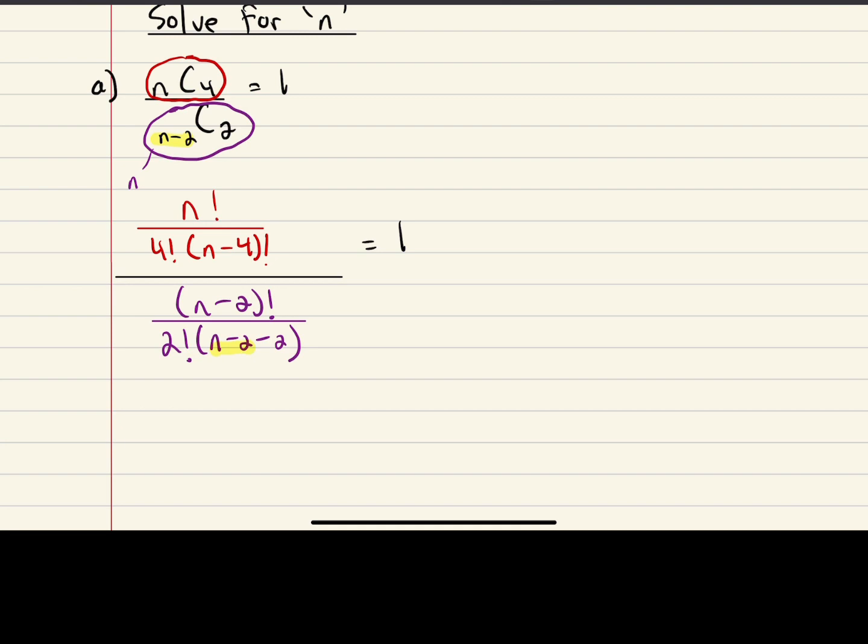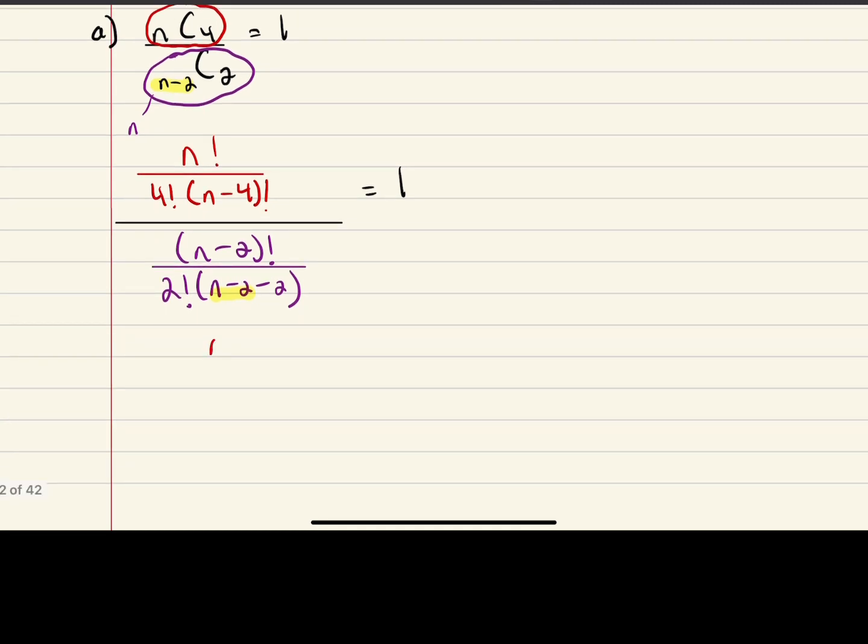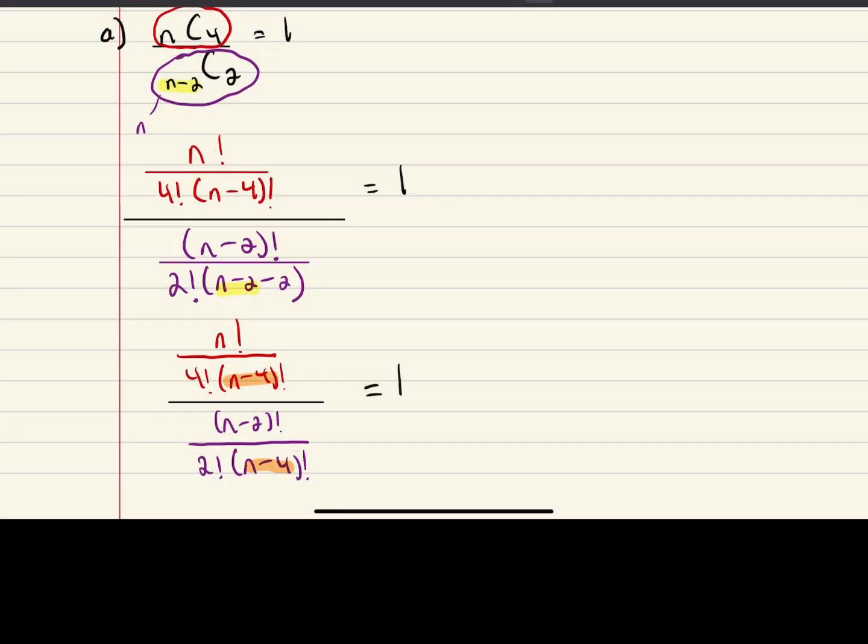So what that breaks down to is as follows, and I'll just rewrite it here, and then we'll re-expand it. So we got 4 factorial multiplied by n minus 4 factorial, and then divided by, we have n minus 2 factorial over 2 factorial, and then n minus 4 factorial. Now I'm going to split these up into steps. I can see that I can remove the n minus 4 factorial right away.